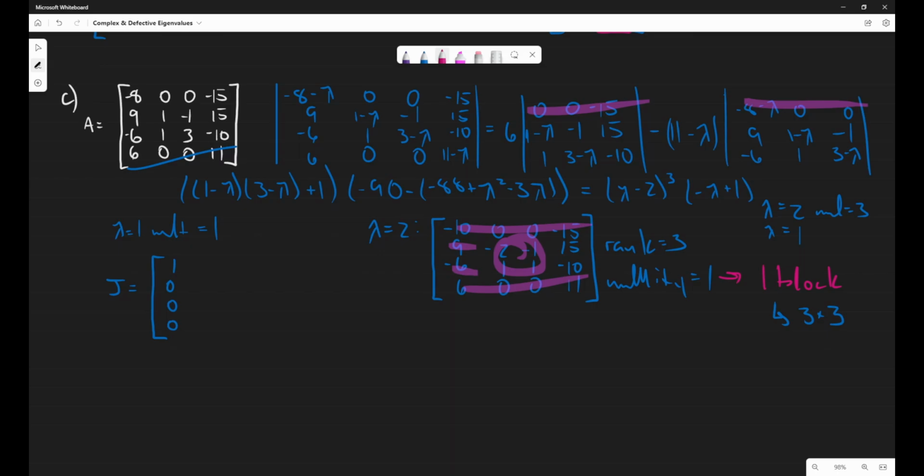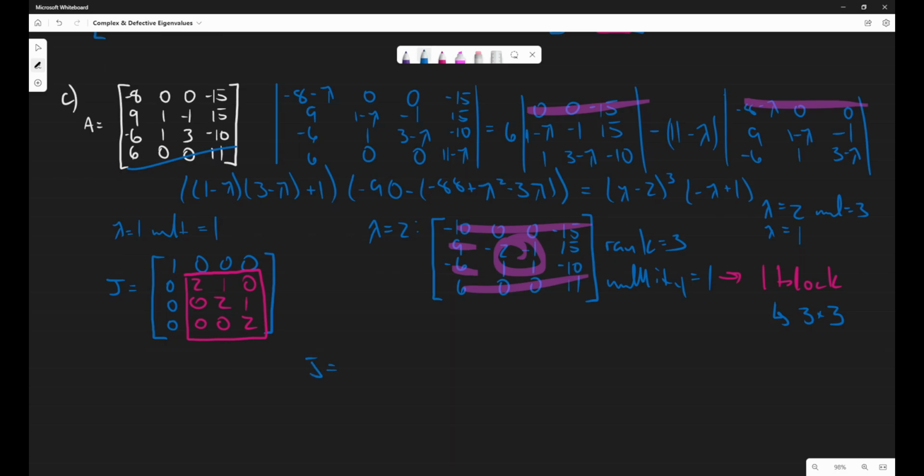So 2 along the main diagonal, and then 0, 0, and then create our Jordan block like that. So this is our answer. We are predicting it, and it's going to be true because of our nullity and what we got. So this is our 3 by 3 Jordan block.